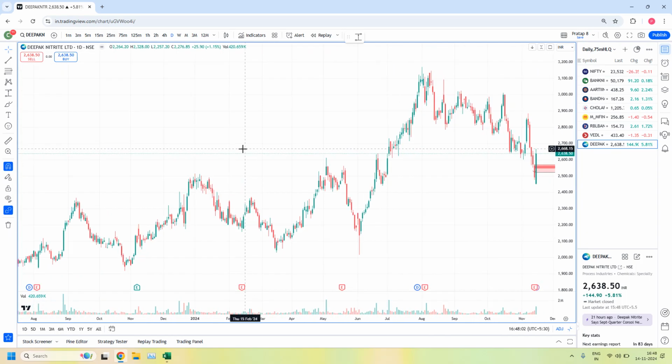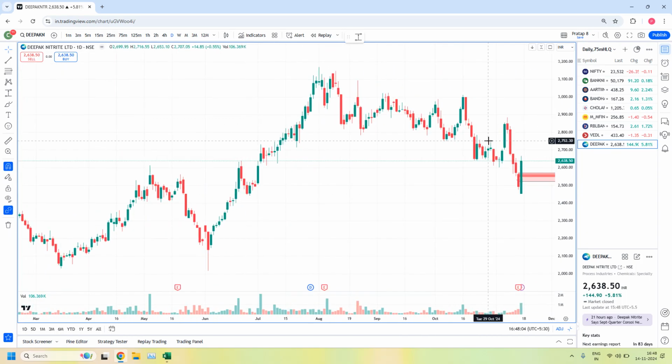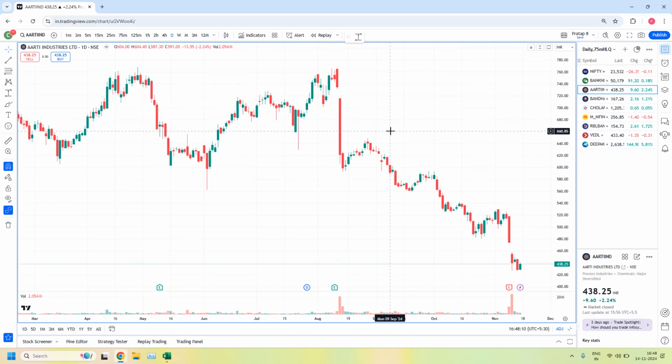The one we didn't consider is, yesterday also in the Telegram group, I put a message saying ignore Aarti Industries. There was a, what to say, demerger happened.